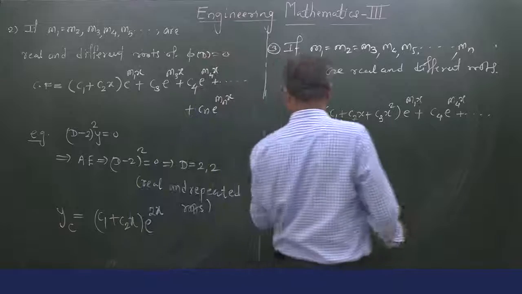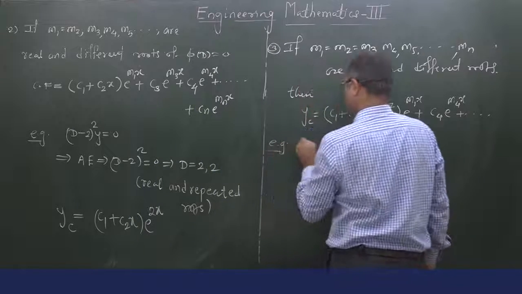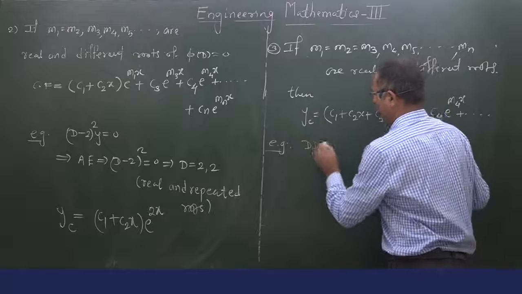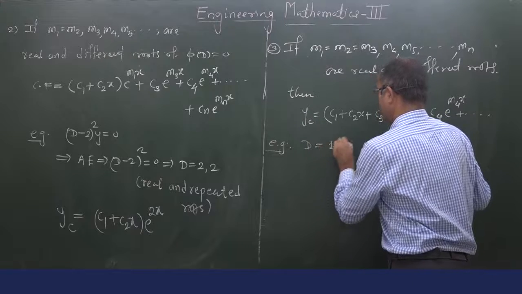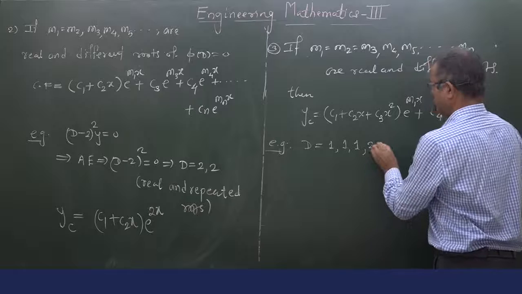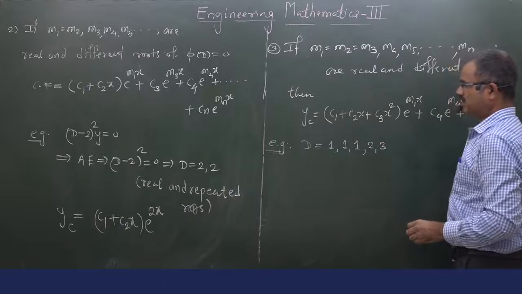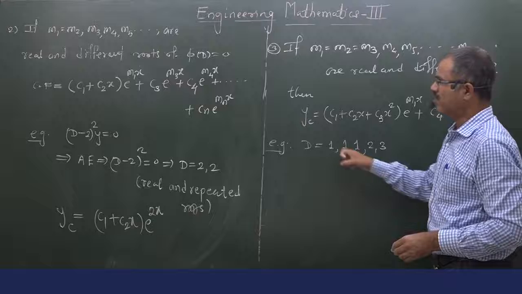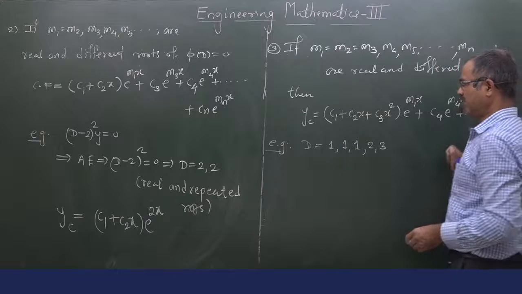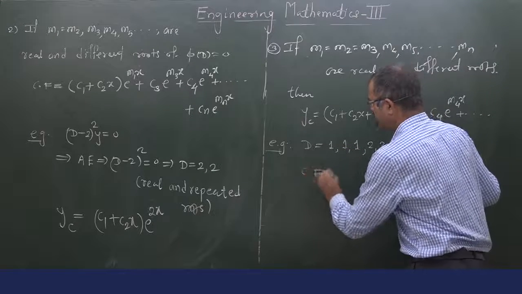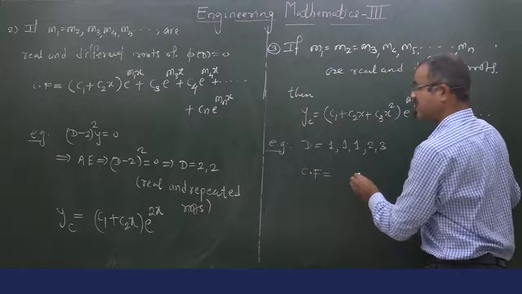Suppose we have this type of situation, D is equal to 1, 1, 1 and 2, 3. These are the roots of the auxiliary equation phi of D equal to 0. What will be its complementary function?